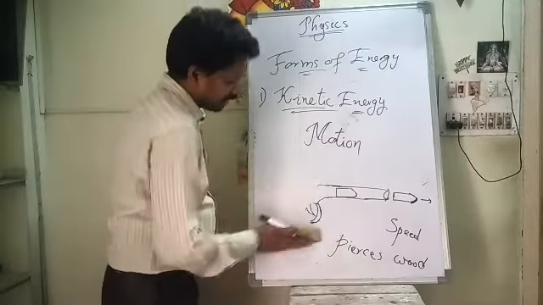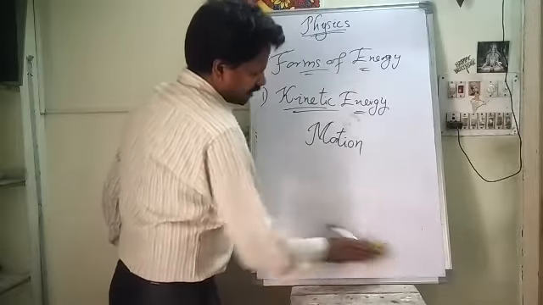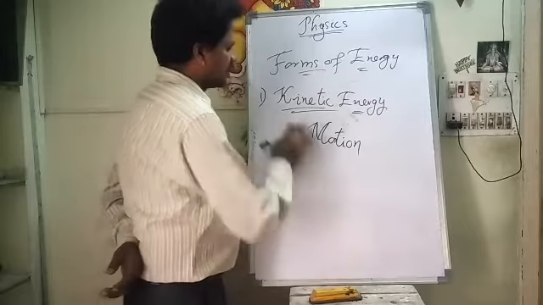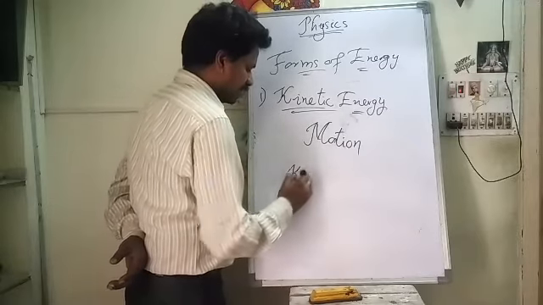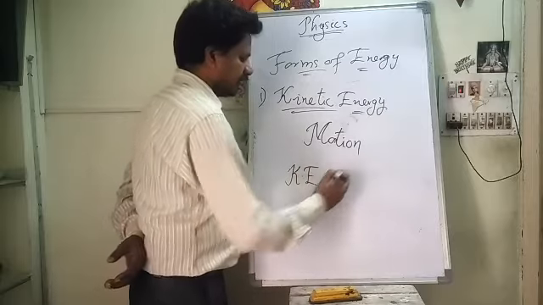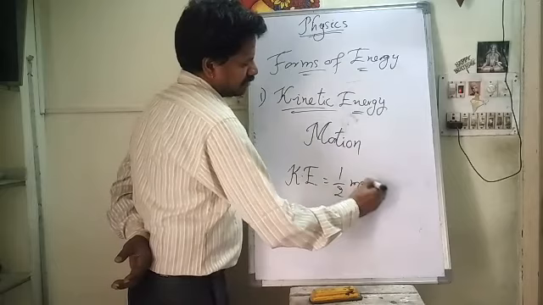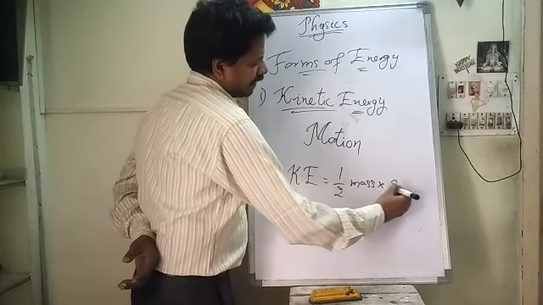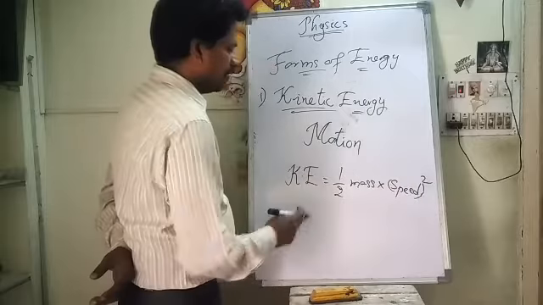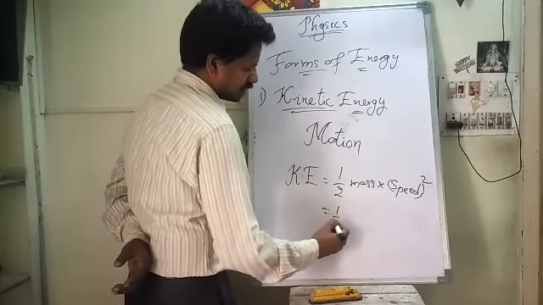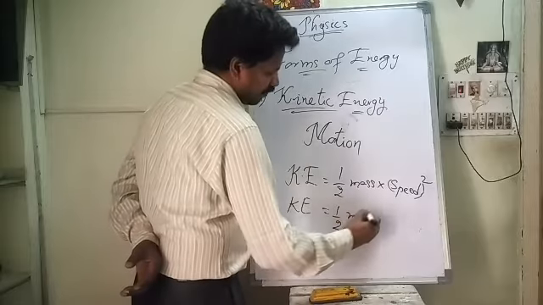See, any object that acquires a lot of energy by virtue of its motion, that is called kinetic energy. For that kinetic energy we have also formulated half into mass into square of speed, that is K equal to half mv square.